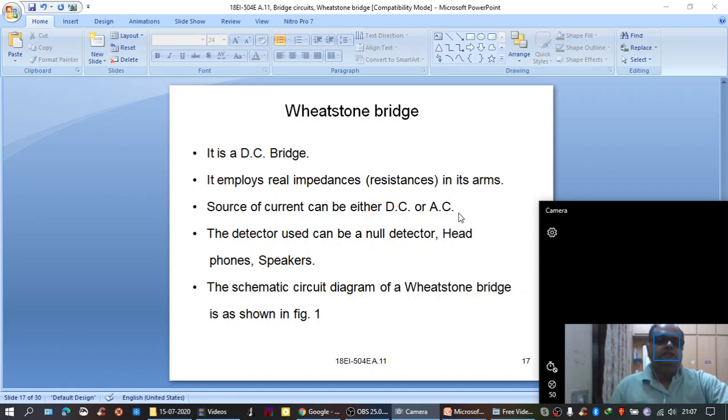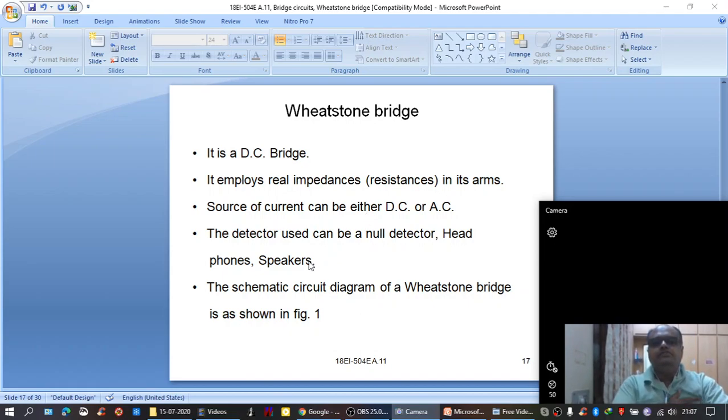Now, coming to Wheatstone Bridge. Basically, it is a DC bridge and it employs real impedances, that is, resistances only in its arms. Source of current can be either DC or AC.